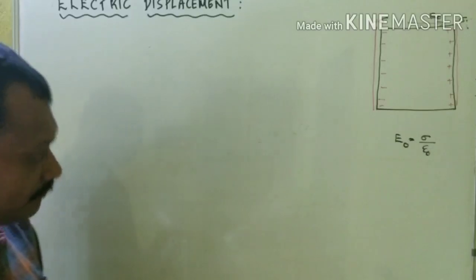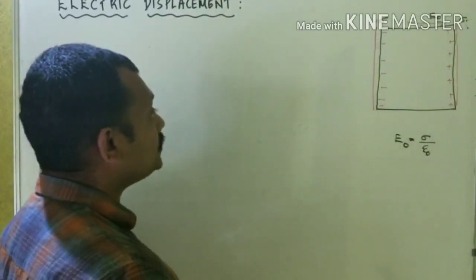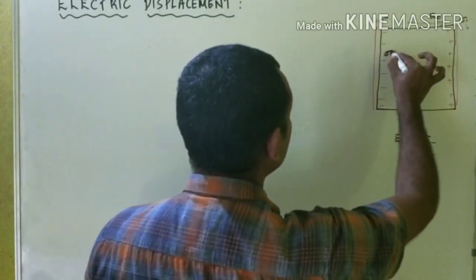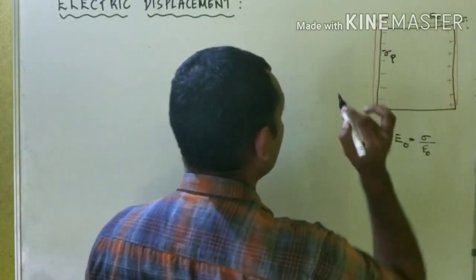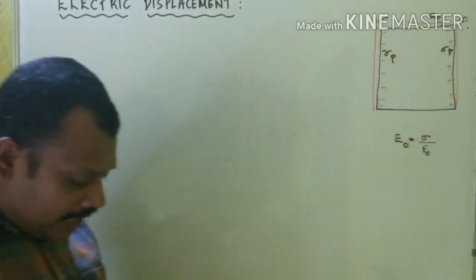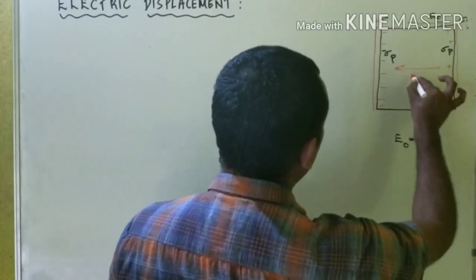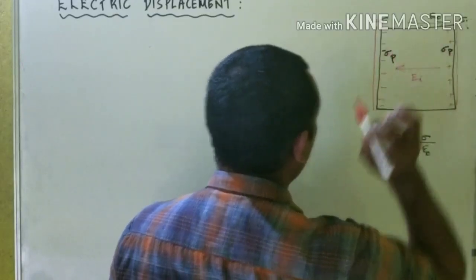Let us take the induced surface charge densities as sigma p. This is minus sigma p and this is plus sigma p, and this will cause an electric field induced in this direction. Let us put it as EI.